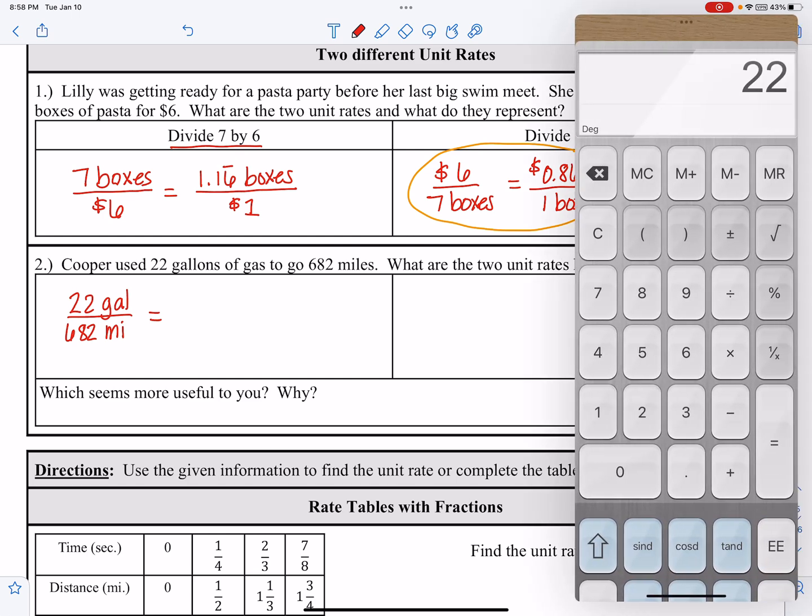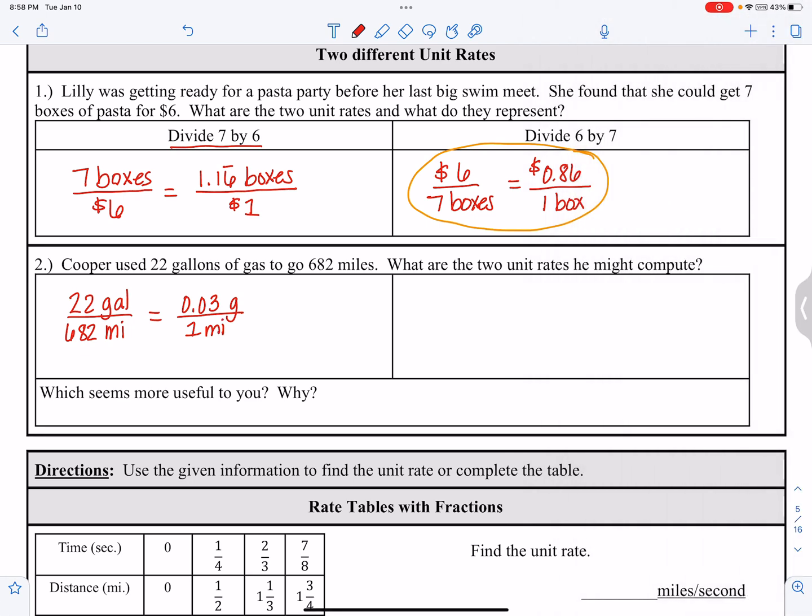So we'll divide 22 divided by 682. And it divides up and tells us that we can do 0.03 gallons per 1 mile. Okay, so think about what that means. We're saying, okay, for every 0.03, for every 300ths of a gallon, I can go a mile. Okay, you can decide if that sort of makes sense to you.